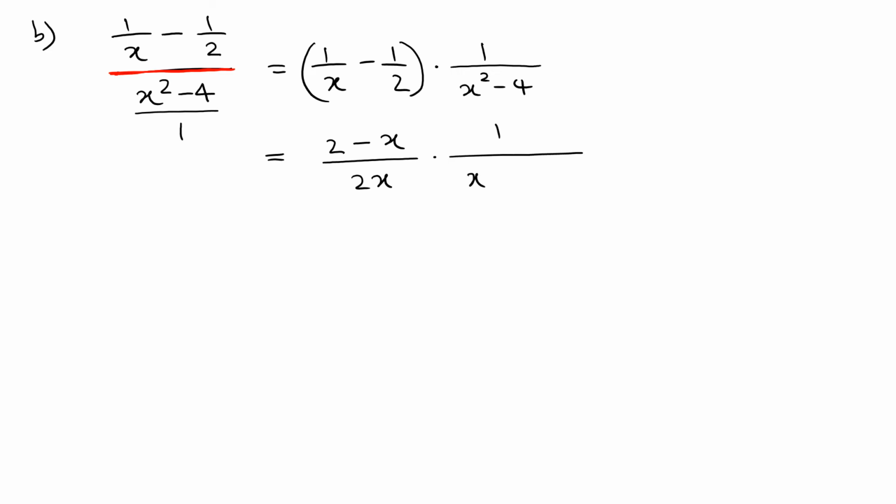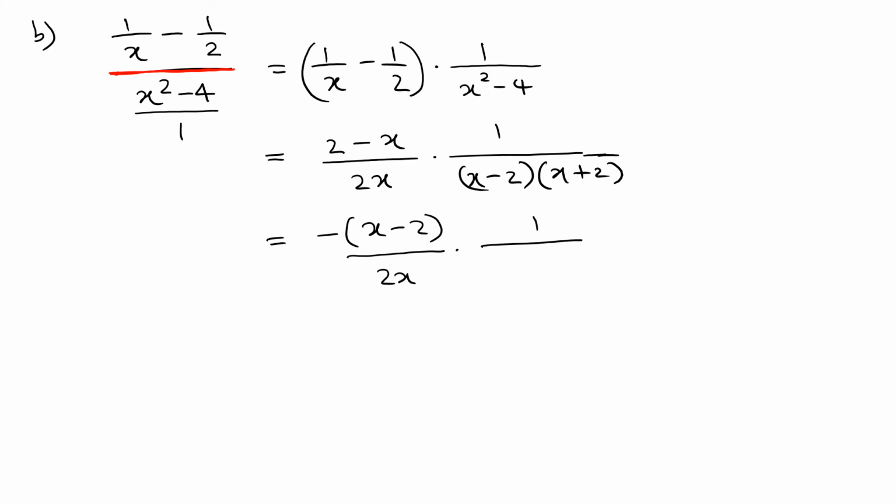Now we can factor x squared minus 4 as x minus 2 times x plus 2 by the difference of squares formula. And you still do not see the common factor. So we're going to pull a negative sign out. That means you can write this as negative, x minus 2, over 2x.